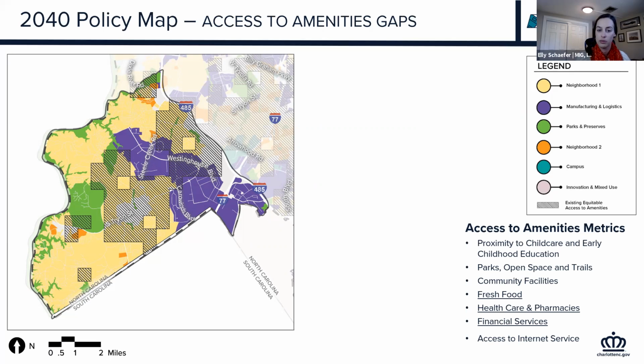The underlying metrics were specifically identified as items place type mapping could help address. So that's access to fresh food, healthcare and pharmacies, and financial services. The items that aren't underlined can be provided in any place type, and therefore other tools, again, outside of place types will be explored to help address those gaps. So those other tools might be things like programming or design solutions, infrastructure projects, etc.